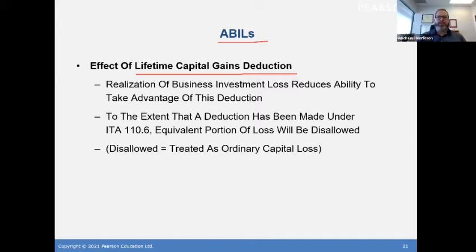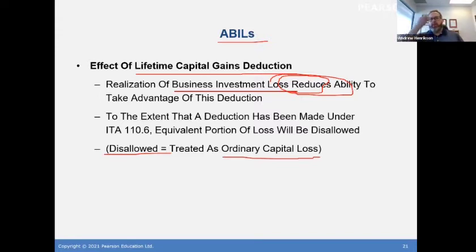So what happens is when you realize a business investment loss, that will reduce your ability to take advantage of the lifetime capital gains deduction. So to the extent that a deduction has been made, the equivalent portion of the loss will be disallowed. What this means, when it's disallowed, is it's just going to be treated like an ordinary capital loss.